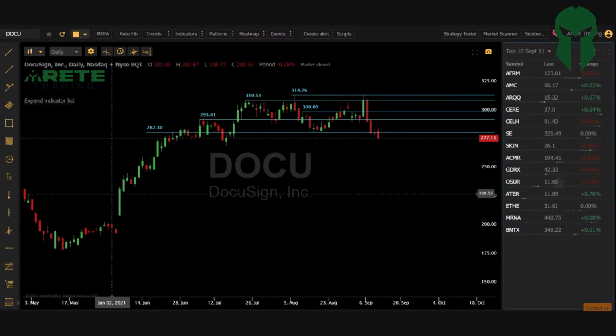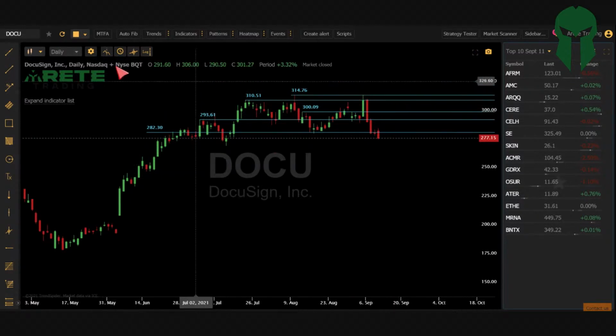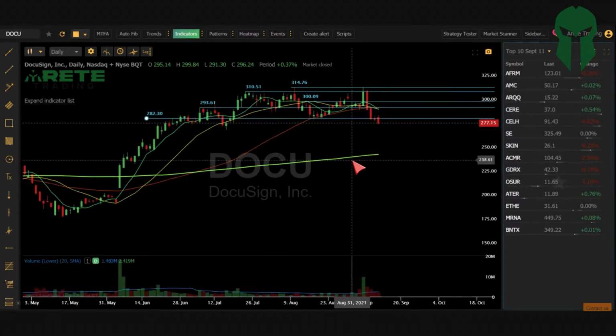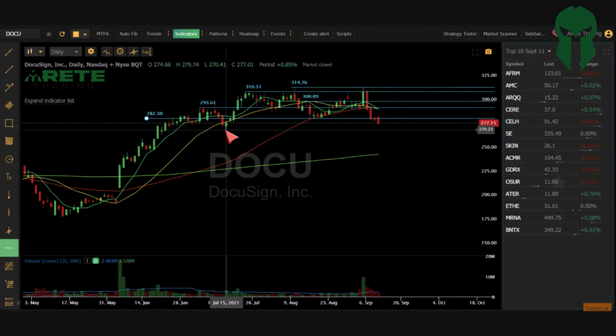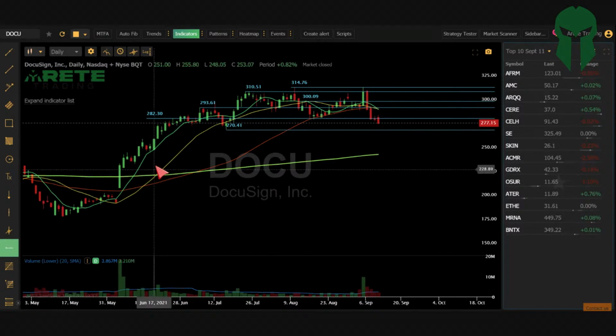Not at all. So I would not be in a big hurry here. Somebody wanted out, and why they want out, I have no idea. But that to me, breaking this level, I mean, these are your areas, right? You're going to 270. Okay, if you break 270, they're just going to walk you down.